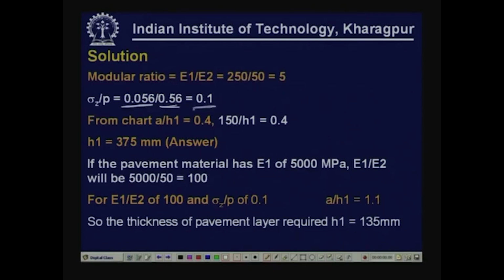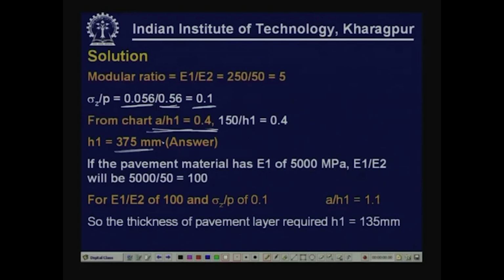So, the ratio of sigma z by p works out to be 0.1. From chart, entering with sigma z by p and for E1 by E2 ratio of 5, we can get the ratio of A by H1, which was on the x axis, as 0.4, which would give us a thickness of 375 millimeter.